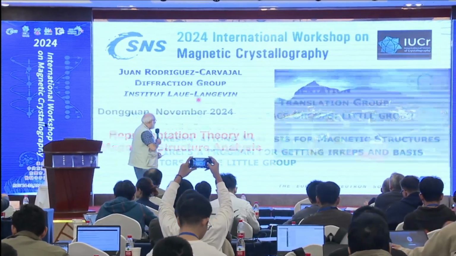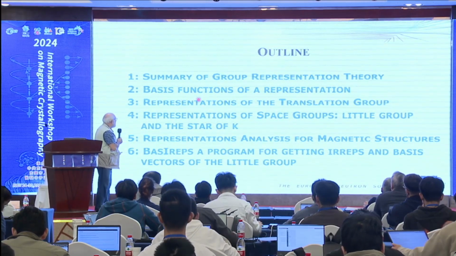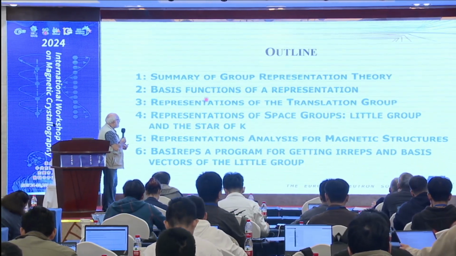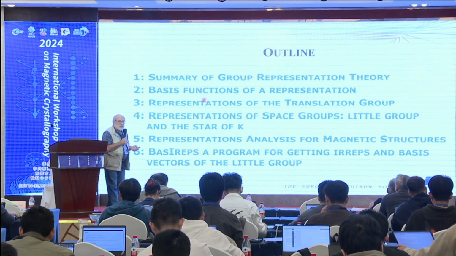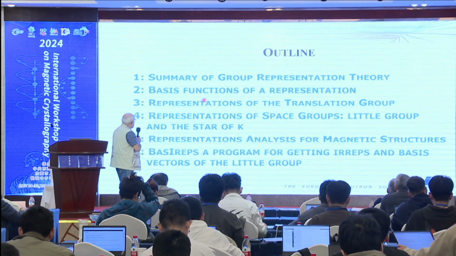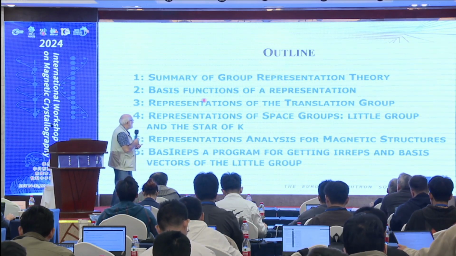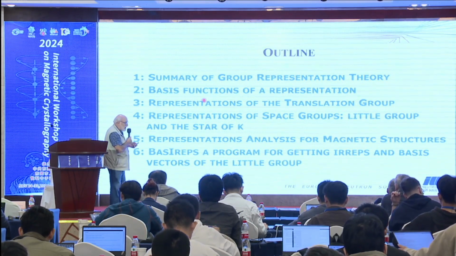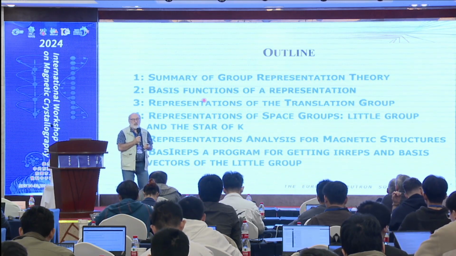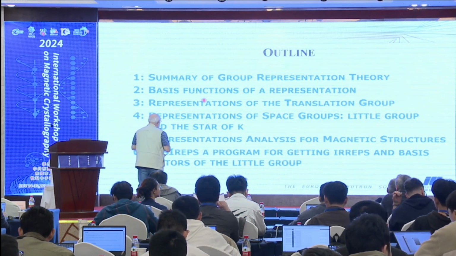Let me just start. This is the outline of my presentation. A summary of group representation theory, what we call basis function of a representation, representations of the translation group, representation of space groups, little group, and the star of k. I will just introduce these kind of concepts.